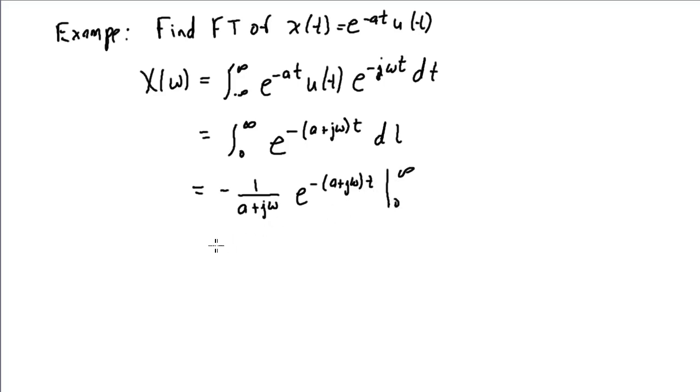This will become, assuming a is greater than 0, and I evaluate that at t equal to infinity, this exponential will decay to 0, and so this will reduce to 1 over a plus j omega, again as long as a is greater than 0, in which case we have a decaying exponential.